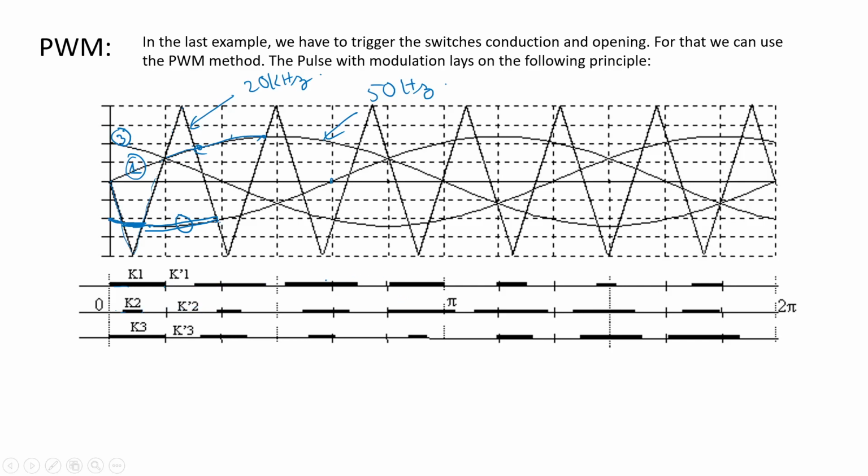So in this way we can implement the switching for K1 to 3. But to be precise, if the waveform is on this K2, then this one is K2 prime.